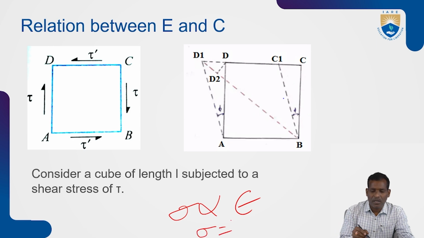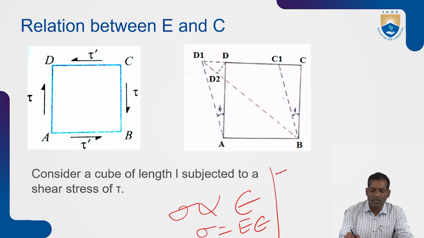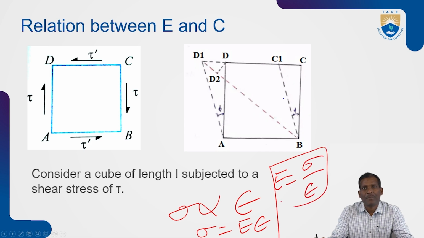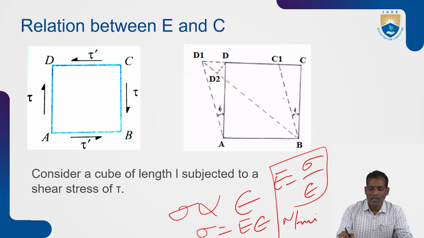So with the help of a constant, that is E, you can write stress equals E into epsilon. So E is the modulus of elasticity, stress per strain. Strain has no units and stress is in Newton per mm square.